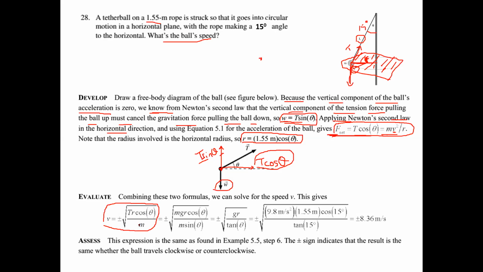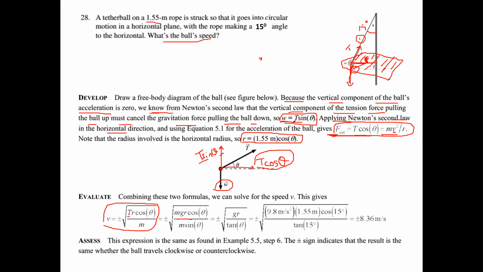The square root of T r cosine theta over m. And what is T here? T here is mgr cosine theta, okay? And you can get the T from here.